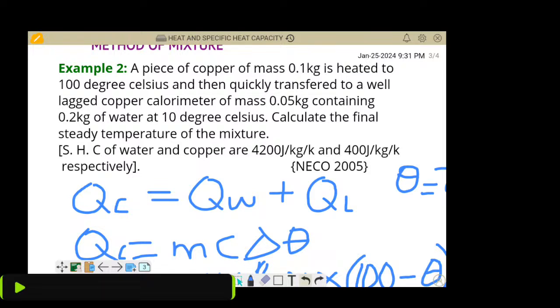That is, hot object at 100 is transferred to cold object, which is at 10 degrees Celsius. Definitely, hot object will lose heat while the cold object will gain heat. That is what happened to the copper, and that is why we have this equation: heat lost by the copper equal to heat gained by water plus heat gained by calorimeter. And we were able to use that approach.